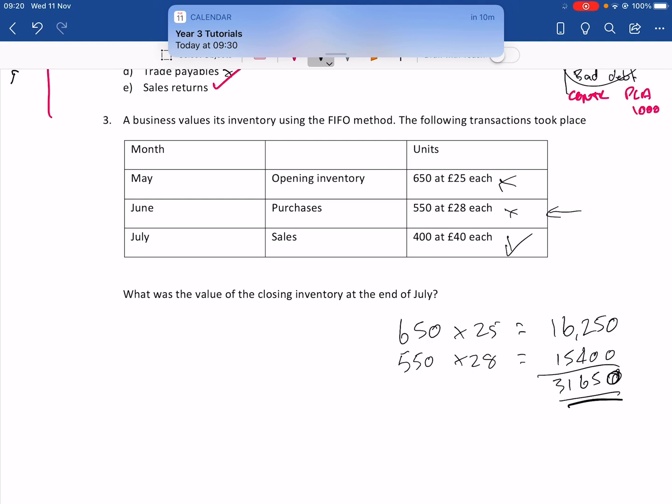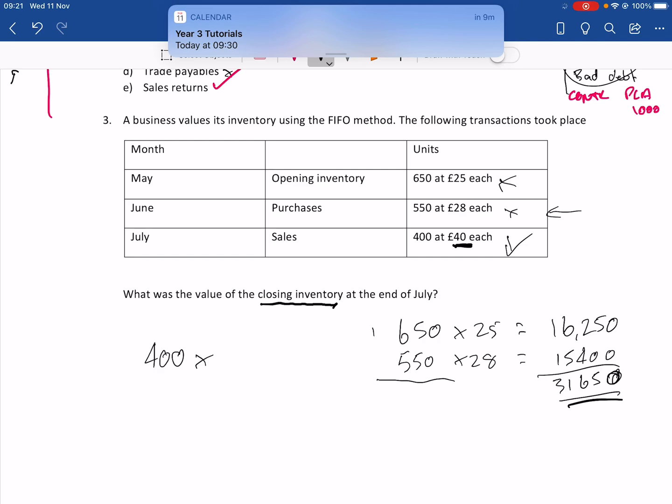Okay. So therefore, it's telling us that we sold 400 units at £40 each. As I said before, that's the selling price, not the cost price. And we want to know what the closing inventory is. Okay. So we've issued out 400 units. So therefore, 400 units multiplied the stock that came in first.